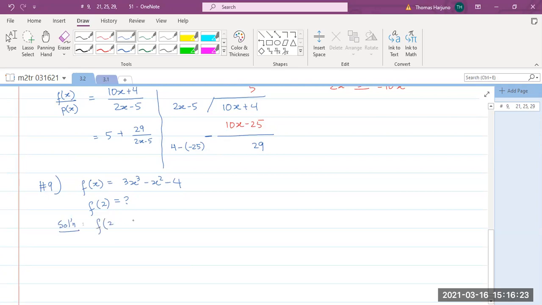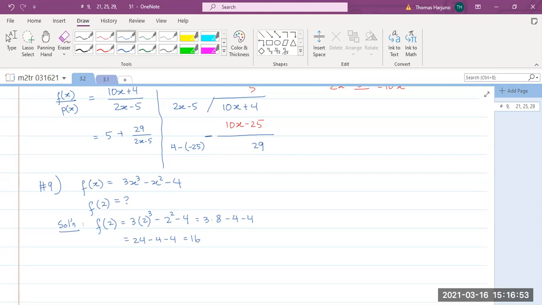That's 3 times 2 cubed minus 2 squared minus 4. That's how we did it before, nothing really new. 3 times 8 minus 4 minus 4, that's 24 minus 4 minus 4, that's 16.